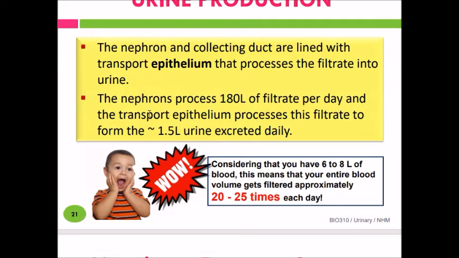The transport epithelium processes this filtrate to form 1.5 liters of urine excreted daily, and the balance will be used by our body. Considering that you have 6 to 8 liters of blood, this means that your entire blood volume gets filtered approximately 20 to 25 times each day.